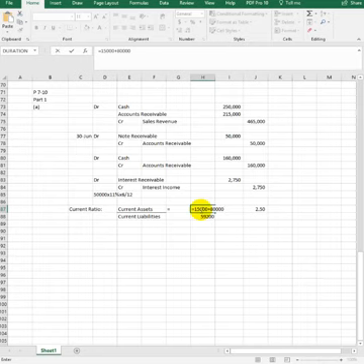Oh, plus we have the interest receivable, and we also have the note receivable, which is due in 6 months. Is that everything? We have 15. We have 80,000. We have 2750 and 50,000. Okay.